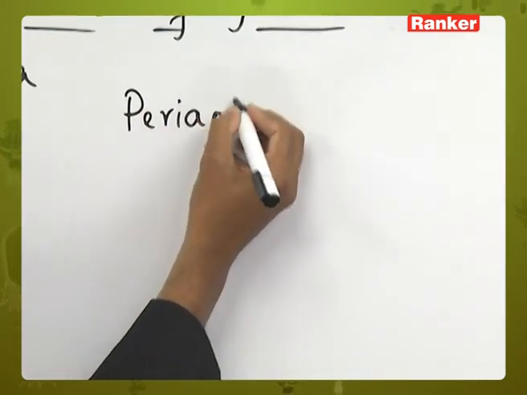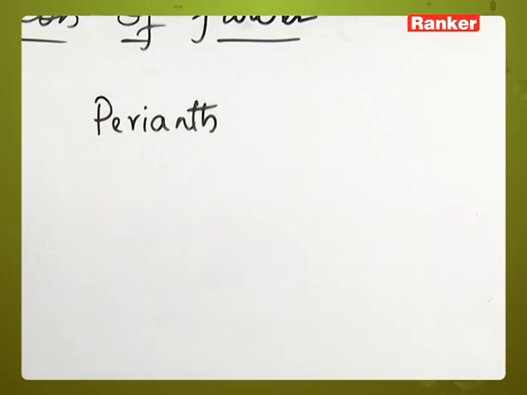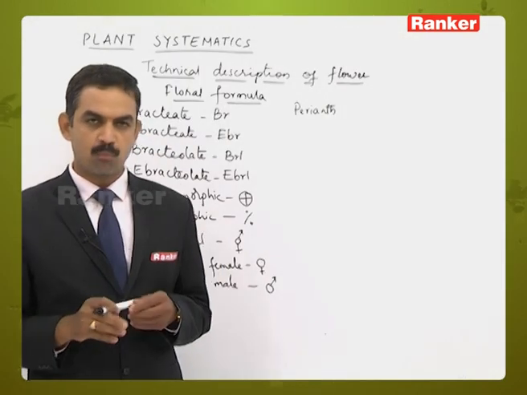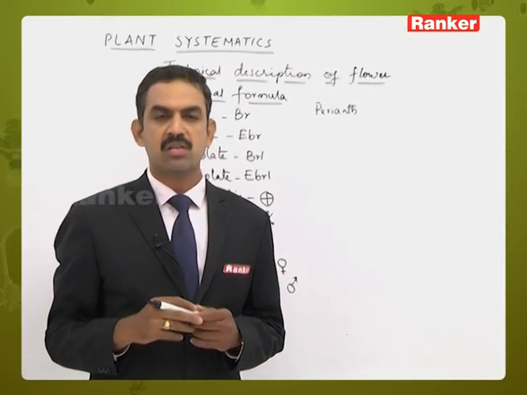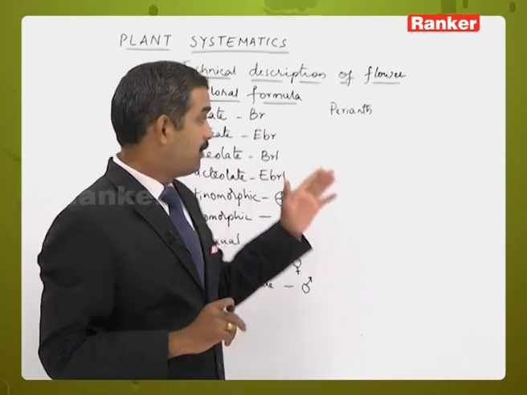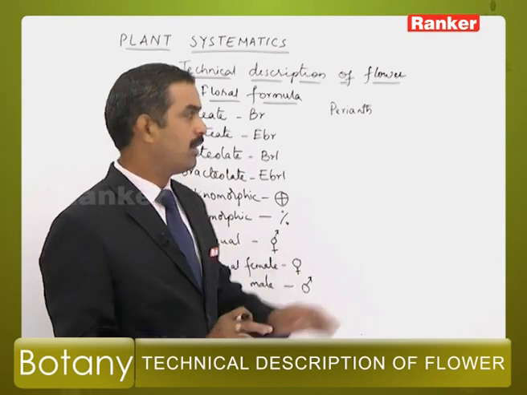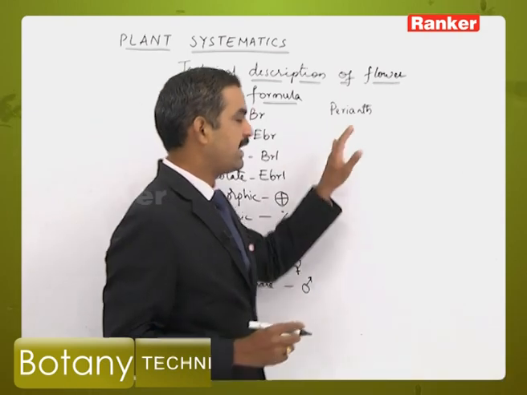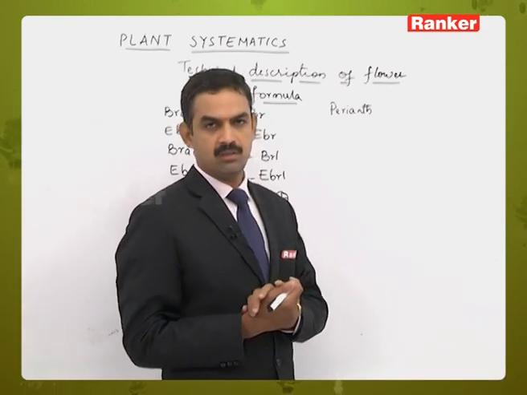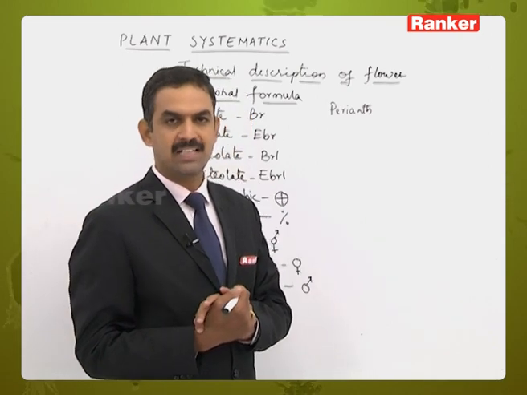Then the floral parts, starting with the perianth, non-essential organs, particularly in the monocots. There is no differentiation of the calyx and corolla. Both of them are similar in their color, shape and structure. Such structures are called perianth or tepals.